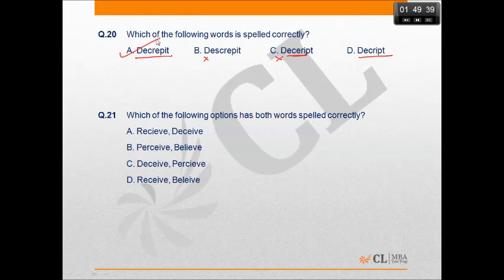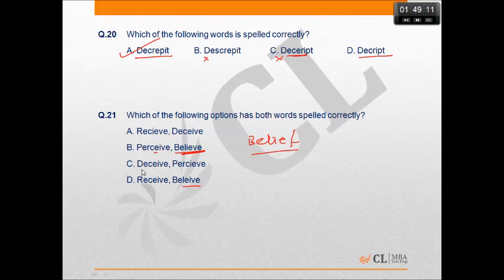I'll go with this. It's a chance that I'm taking. Again, deceive. Always difficult for me to find the answer. Belief. Should it be this or this? This looks right.